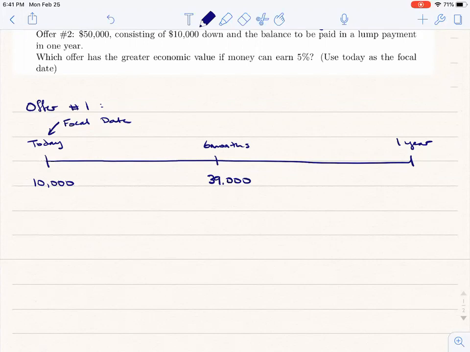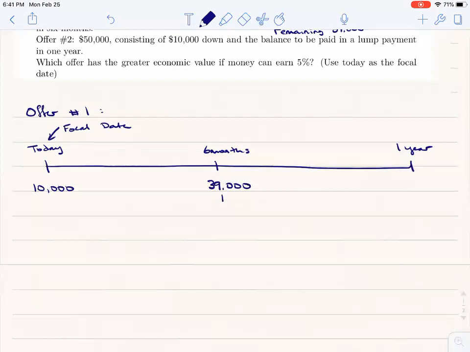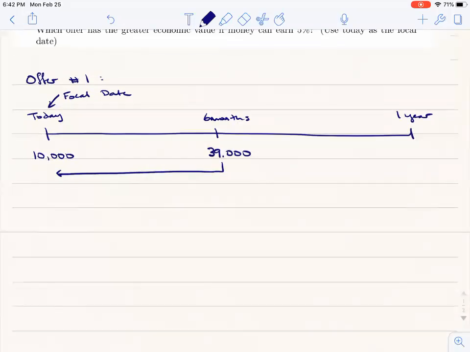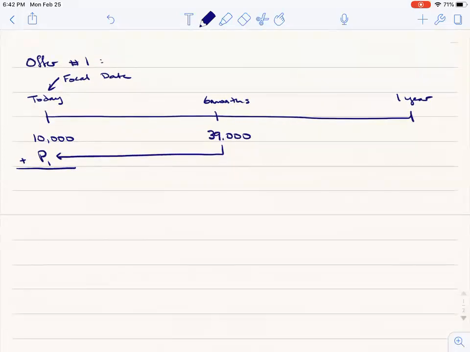To indicate that, I'm going to draw an arrow and say, okay, here I'm going to calculate P1. 10,000 plus P1 is the total value of offer number 1.